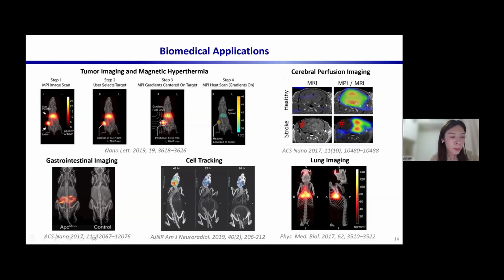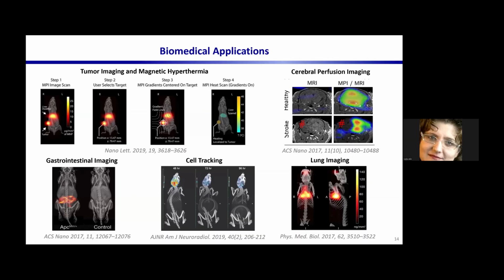Brain perfusion imaging, we think, is another key direction of MPI, showing great clinical value in identifying and assessing strokes. And we can also use MPI to track gastrointestinal bleeding with very high sensitivity.